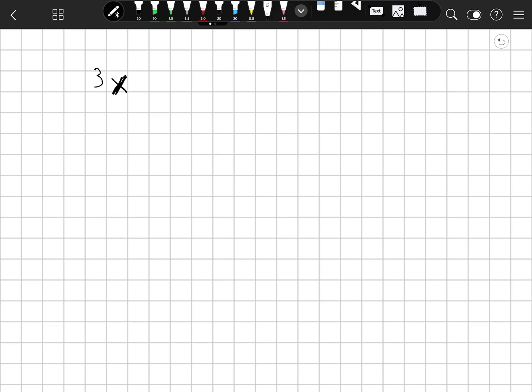So we're going to do that first. And then we are going to wrap it up. So that's the second thing we're doing to it. And then we're going to put a ribbon around it. So this is the third thing that we're doing to X. And that equals 7.